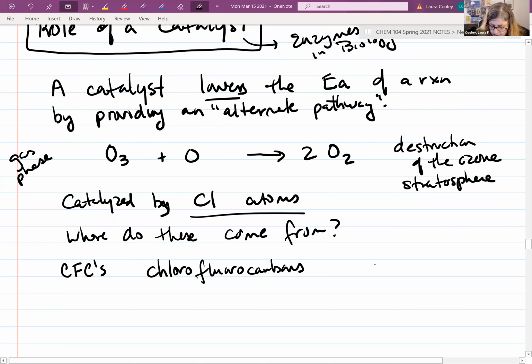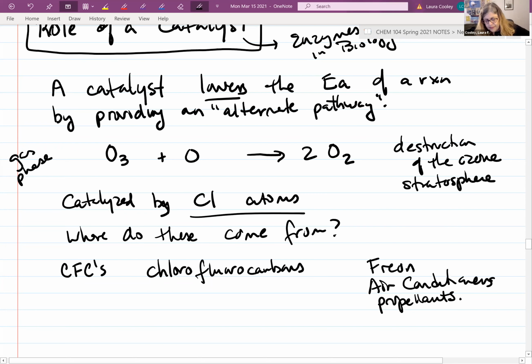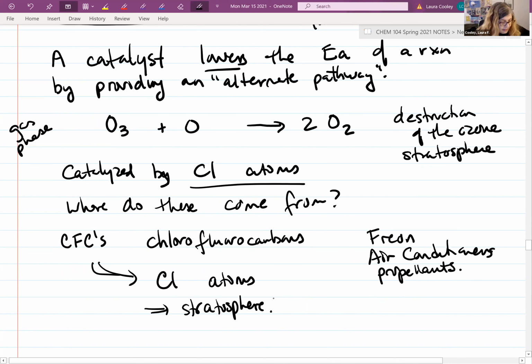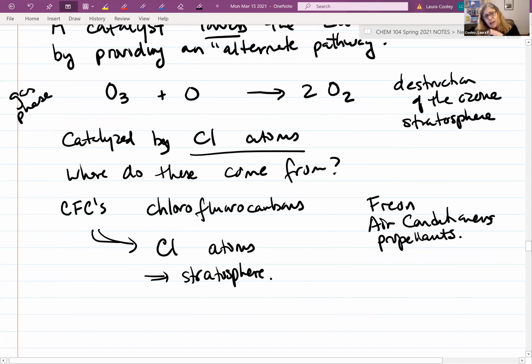So these are things in freons, in air conditioners, in propellants. And they contain chlorine, and these contribute to the Cl atoms that end up in the stratosphere, believe it or not, okay? And they catalyze this reaction.